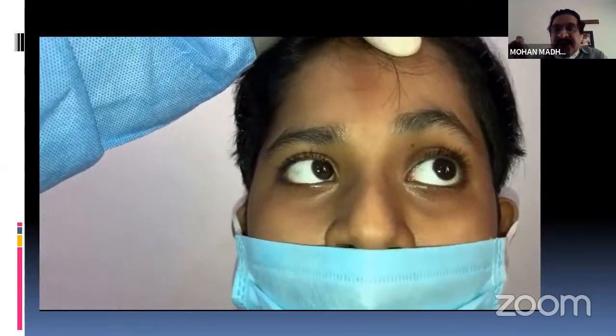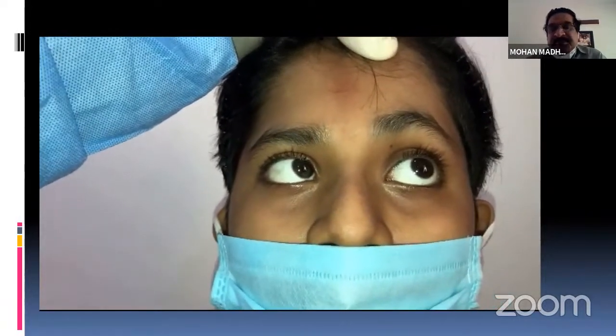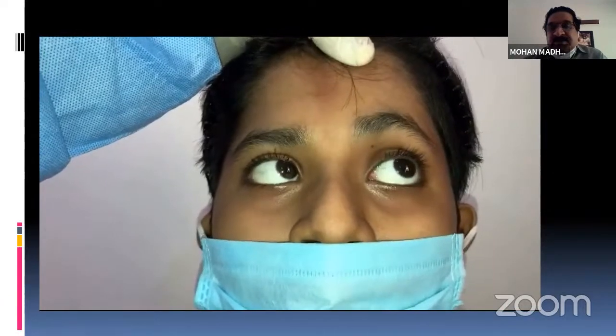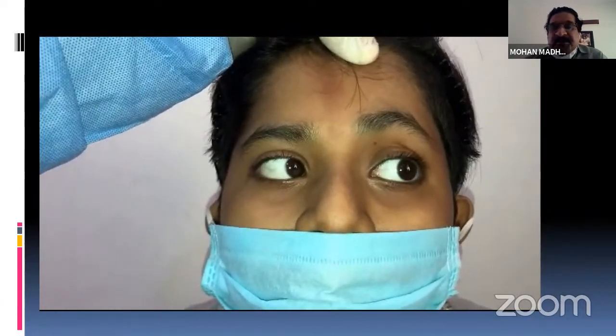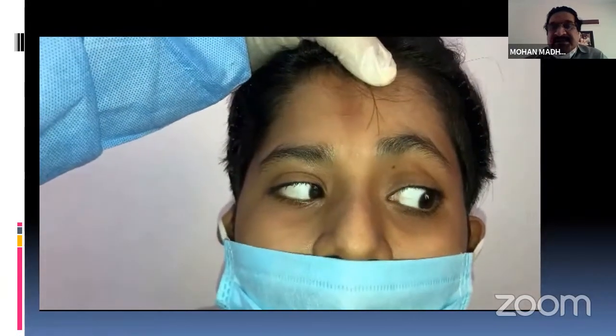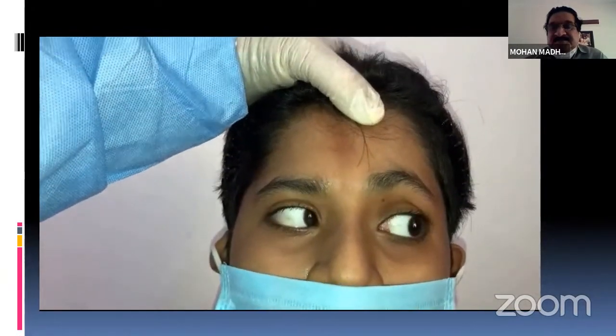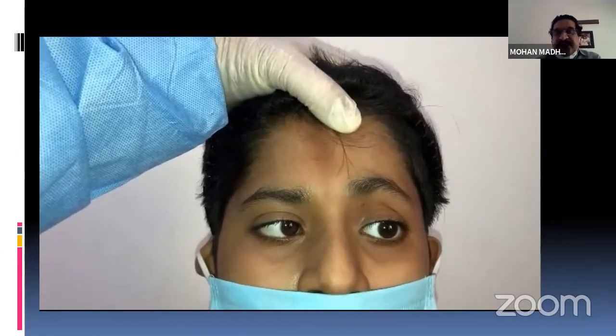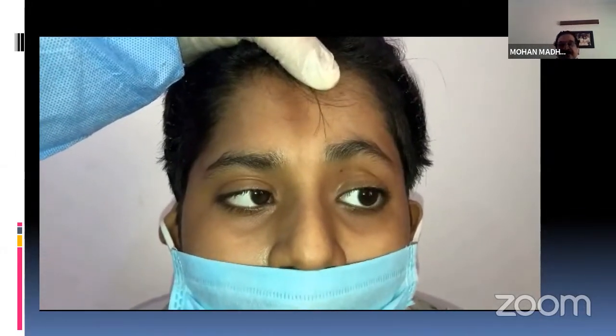Now he says there is mild diplopia. Now he says no. Now he says yes. Now there is diplopia. Okay, now look at the position.